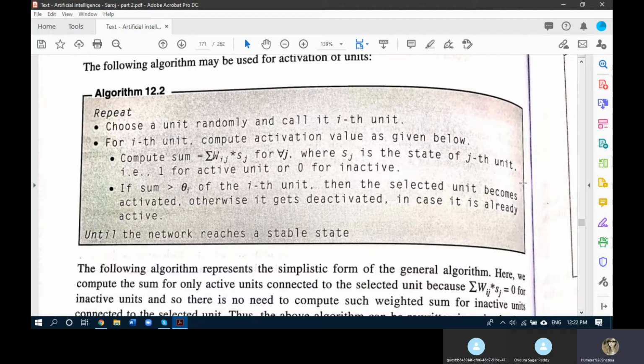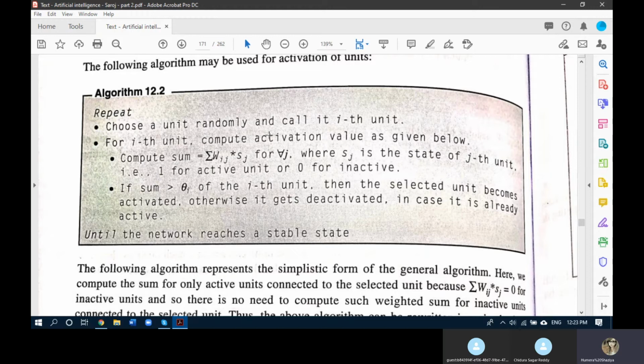Okay, this is an algorithm for the activation. When a unit gets activated, this occurs in iteration. So there is a repeat until statement.